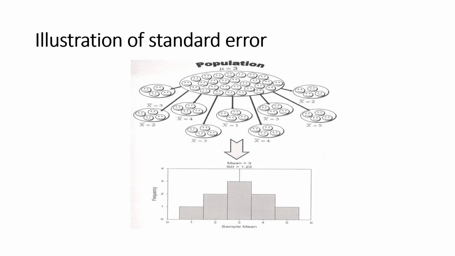What if I was to plot the frequency of each of these different samples, using their mean and standard deviations? I was to plot a frequency graph of all these different samples using their mean.